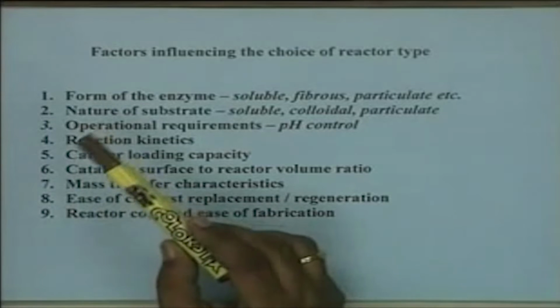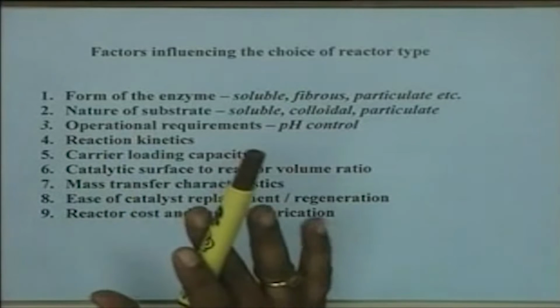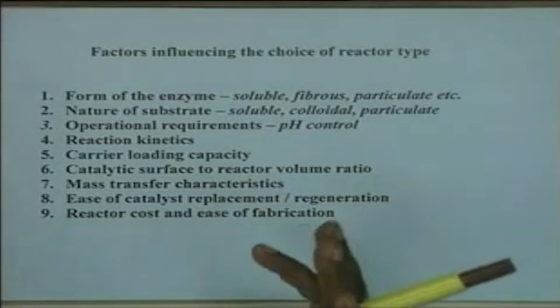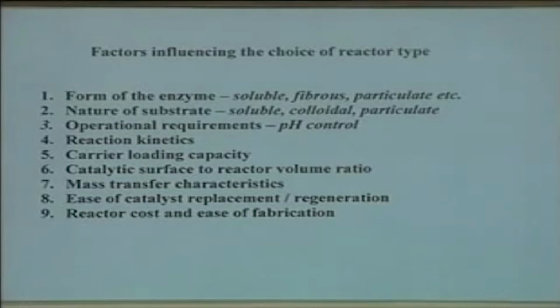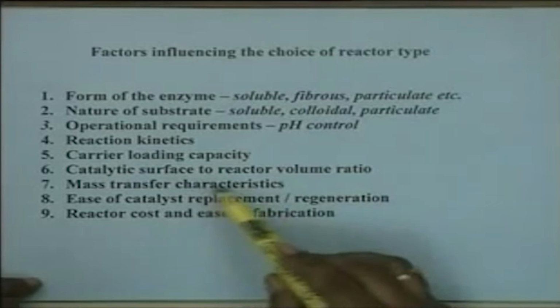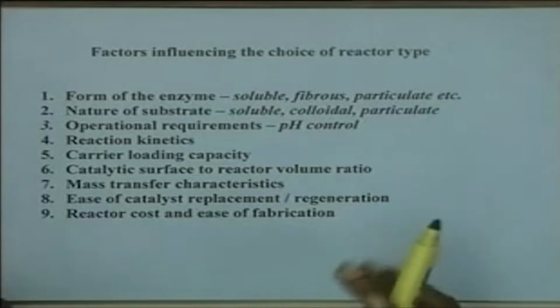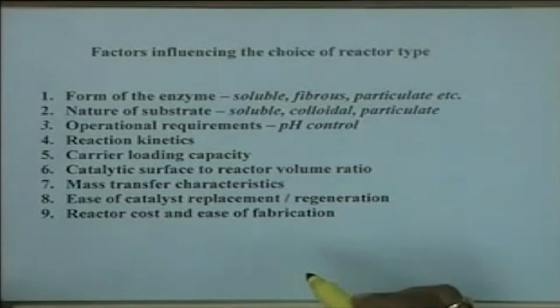The most important ones are listed here, like form of the enzyme, that is soluble, fibrous or particulate, the nature of the substrate, whether it is soluble, particulate or colloidal, operational requirement, the control of pH in case an acid is produced or consumed in the reaction, reaction kinetics, the carrier loading capacity, catalytic surface to reactor volume ratio, mass transfer characteristics, ease of catalyst replacement and regeneration, reactor cost and ease of fabrication.